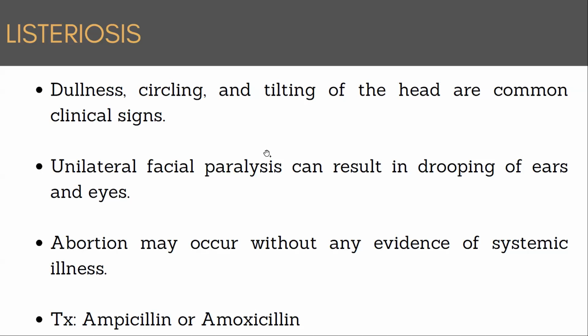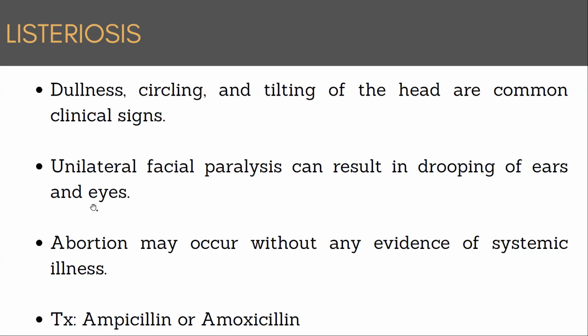Pero guys, tandaan nyo, any disease that shows nervous symptoms, especially sa mga mammals, assume nyo na possible rabies siya. Always. To keep yourself safe. Since if rabies siya, you will take double care for yourself.